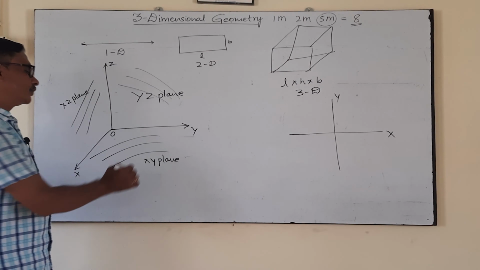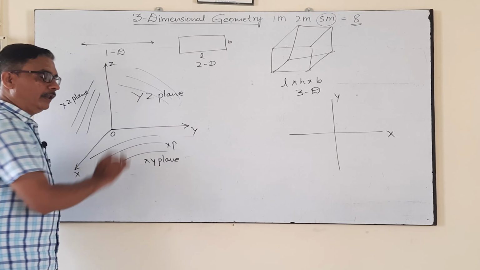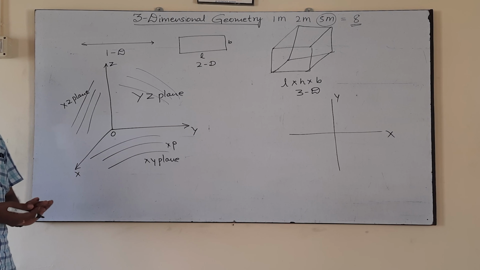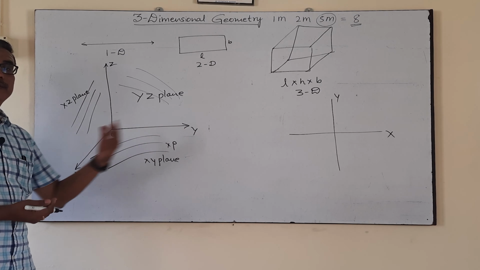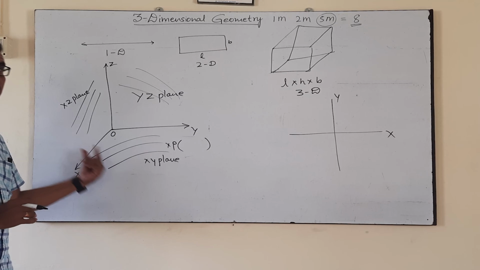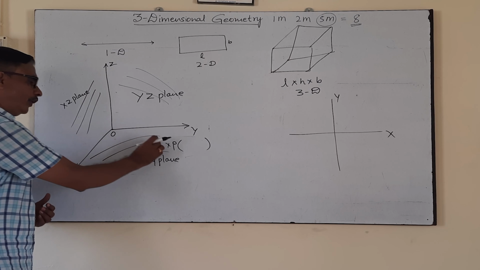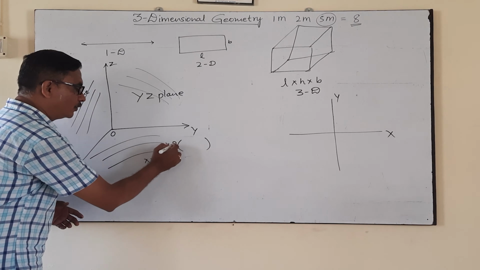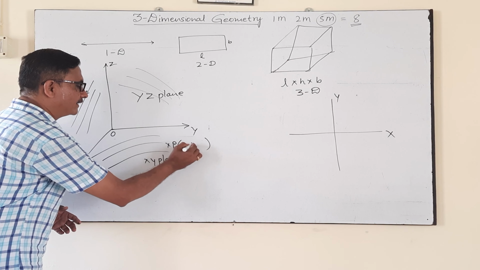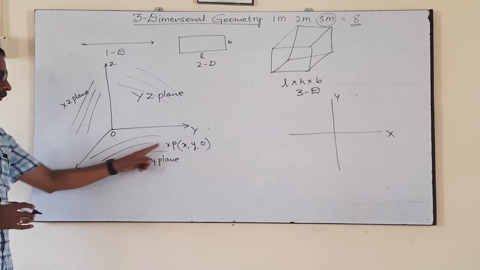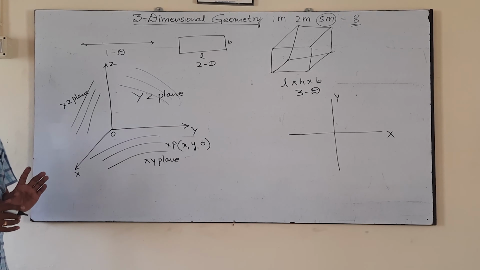Okay. Suppose if you take a point P, suppose the point P lies on xy plane. What are the coordinates of point P? The point P lies on xy plane, no z axis, so the coordinates of point P are x, y, 0, because the z coordinate is 0, because that point P lies on xy plane.